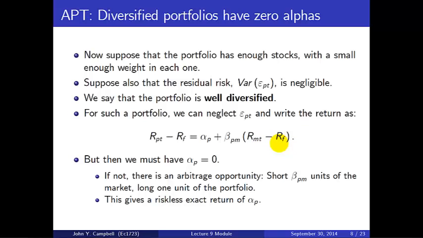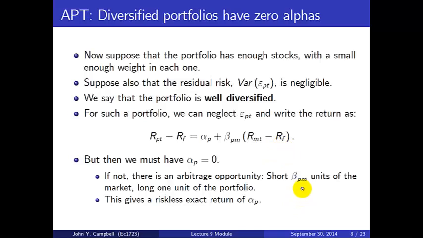Now, suppose that you go long 1 unit of P, financing it by borrowing at the riskless rate, and then simultaneously you go short beta PM units of the market, putting the proceeds into the riskless asset. All right.